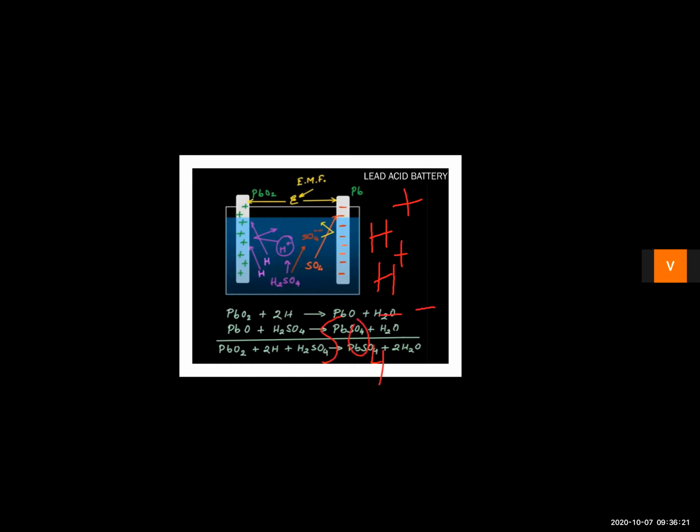Now the H plus ions, there are two H plus ions, right beta? Now these H plus ions react with the PbO2, that is lead dioxide plate.